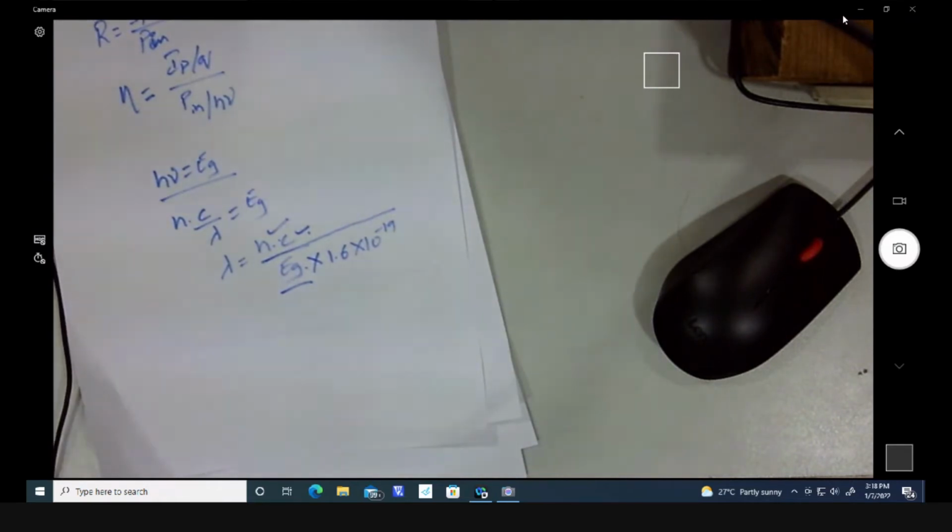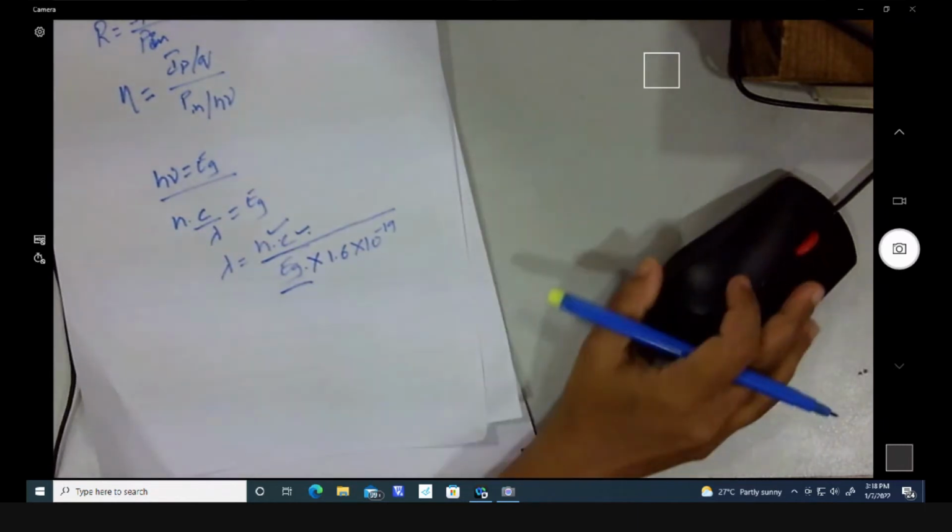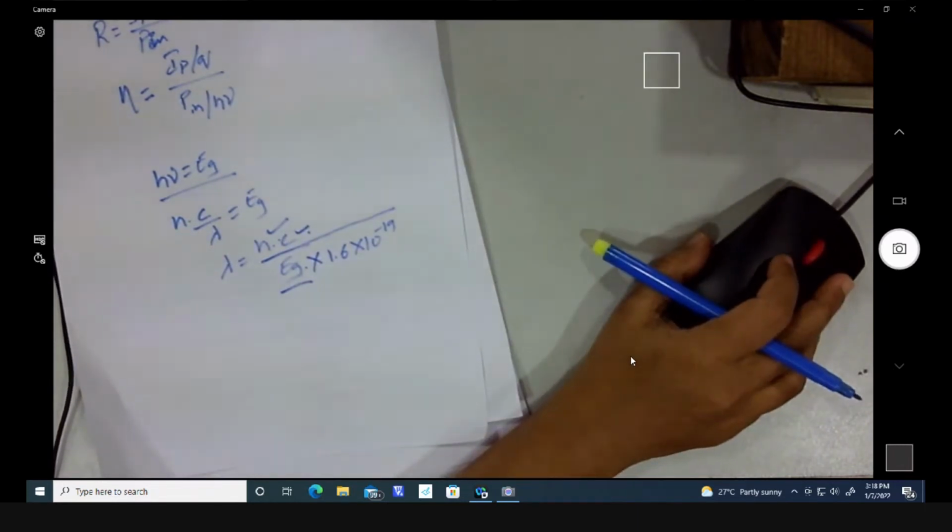You're missing some parameters, I think. 870, near to that is fine.